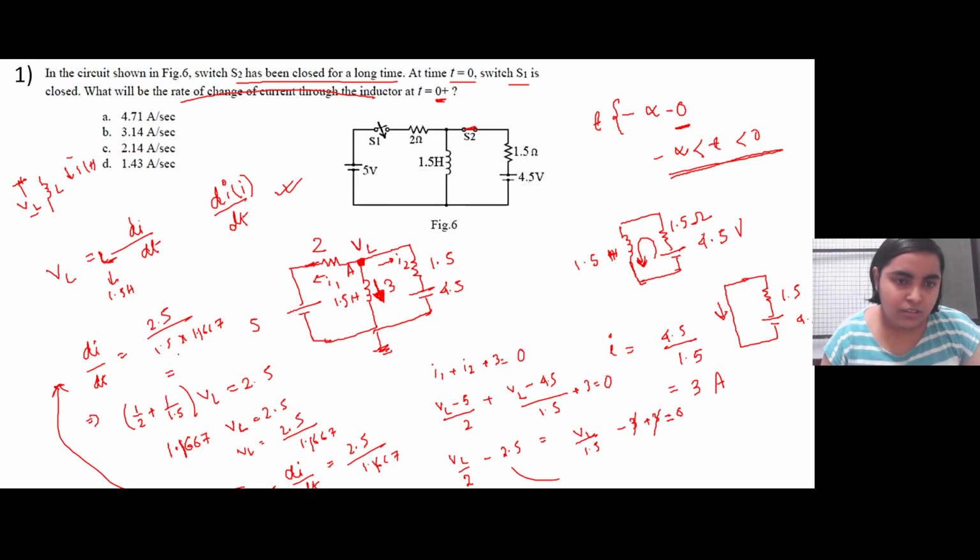So now if you do it, 2.5 divided by 1.5 divided by 1.1667. So it comes out to be 1.428 ampere per second. So this is equal to, as given in option D.